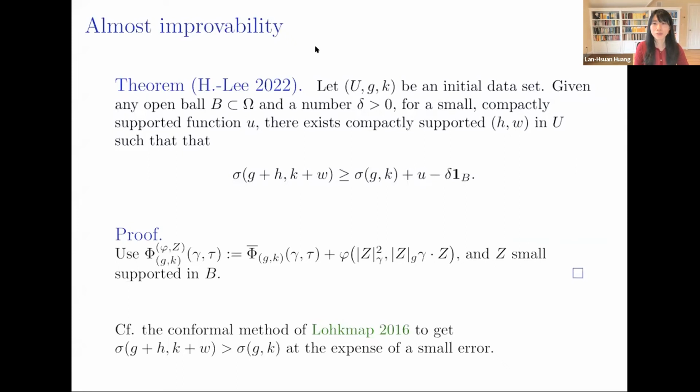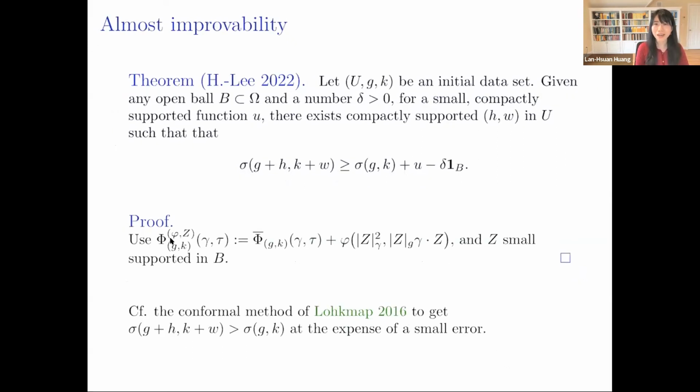The proof follows a similar way, but we go even beyond. We introduce an even more modified operator by phi and Z here to replace the role of J there, and Z here will be chosen to be supported in B. Here is where the error term comes in. In Lohkamp's paper, he has a result: if for an initial data set you have a dominant energy scalar strictly positive somewhere, you can do a conformal change by choosing a very delicate conformal factor to bump up the dominant energy scalar to be positive everywhere.